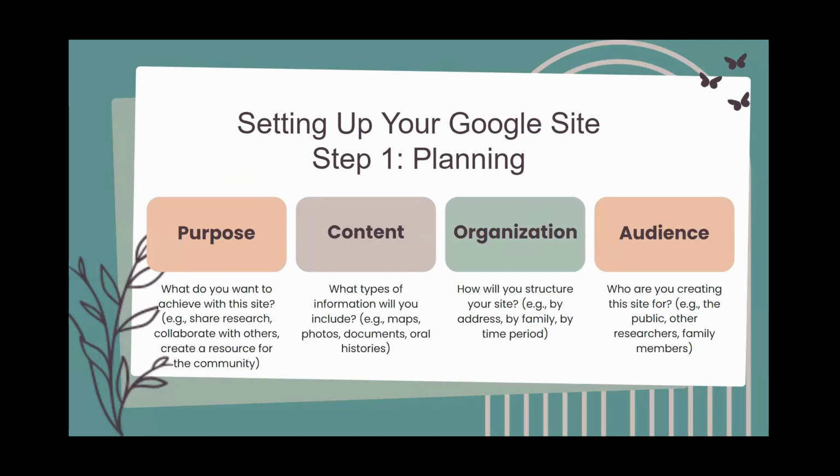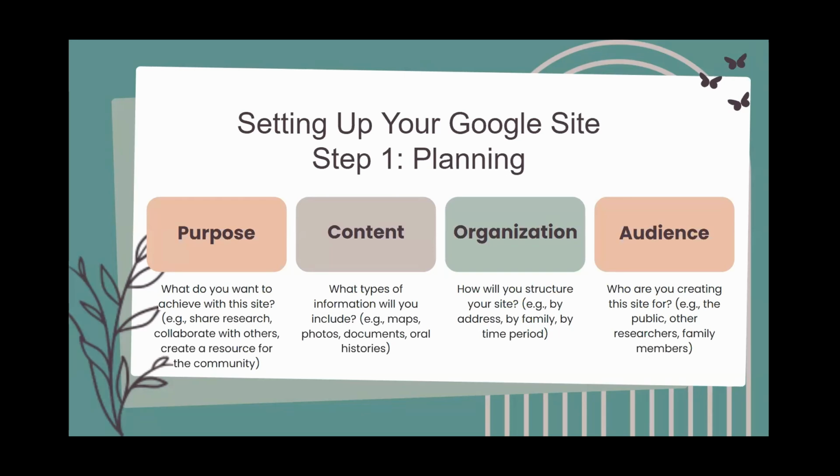So I kind of put these 4 phases of planning. First being, what is the purpose? What do you want this site to achieve? To share research? You want to use it to collaborate with others? Create a resource for the community? What type of content are you planning on including? So maps, documents, oral history, organization.